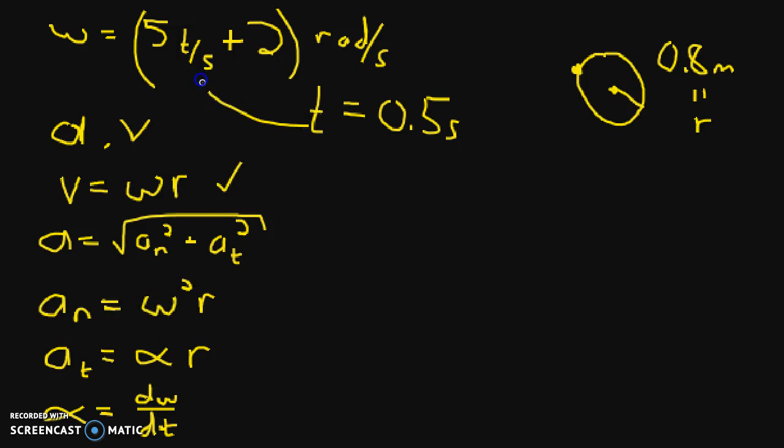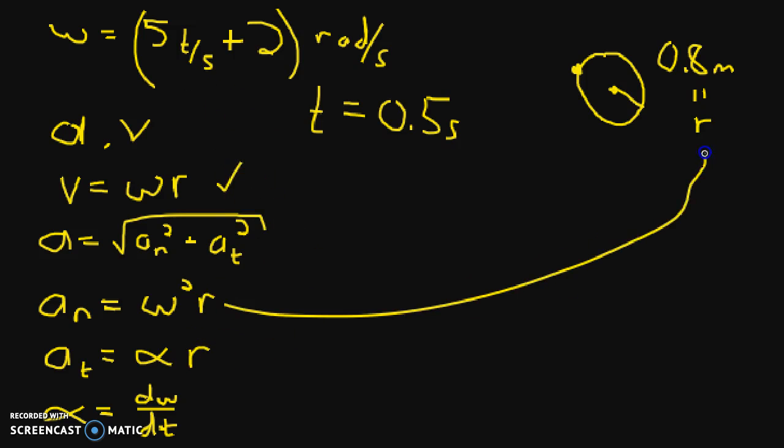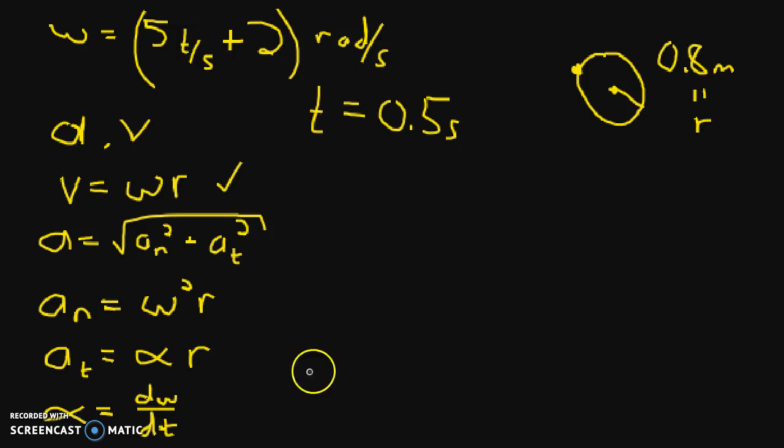You plug in the 0.5 seconds to omega to get that. And r, again, is just the 0.8 meters. And the a sub n is unknown. And then for the a sub t equation here, a sub t is definitely unknown. Alpha would be unknown until we solve for it down here. And r, again, is the 0.8.